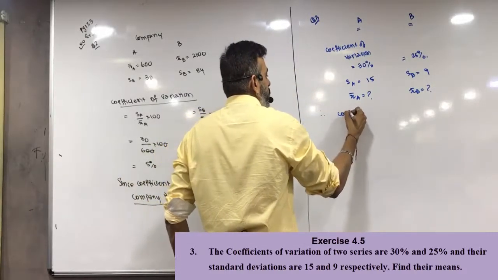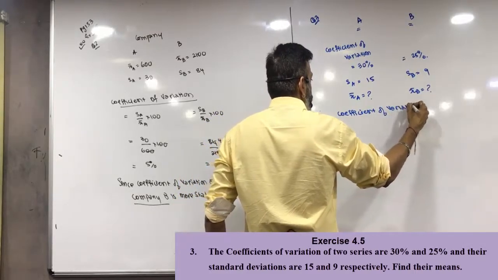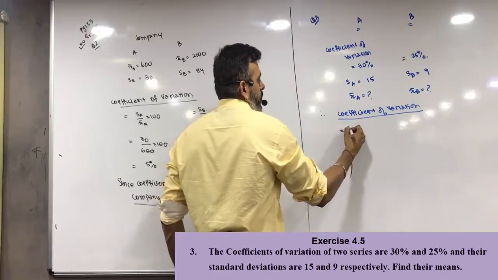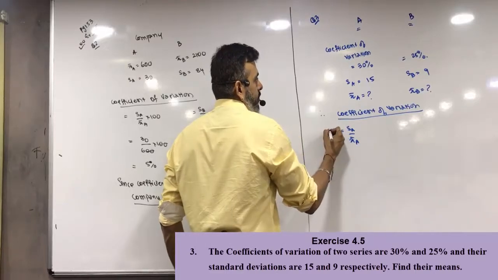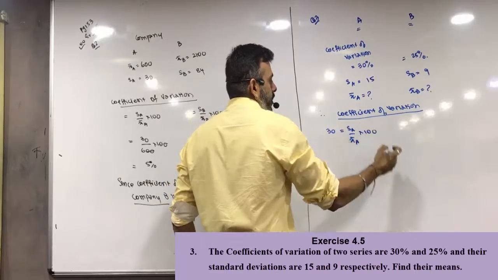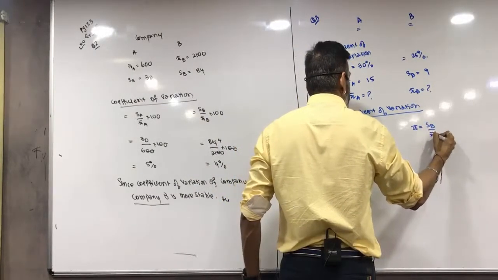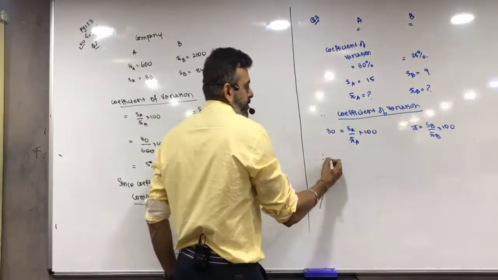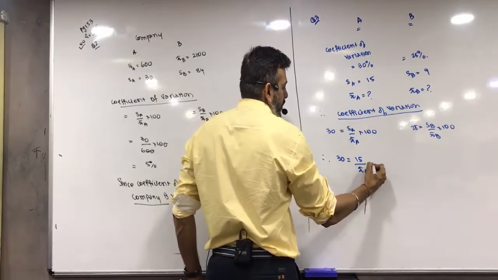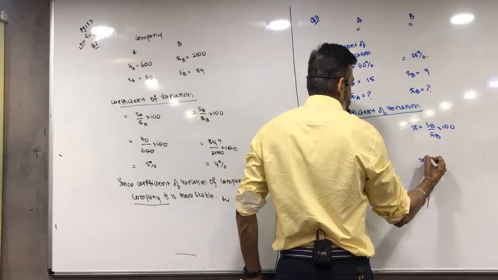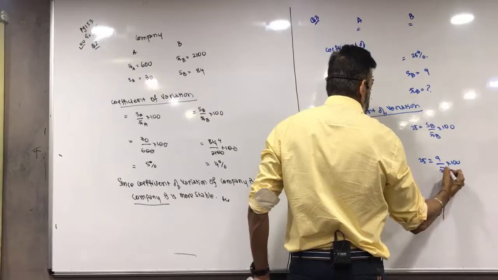Therefore, coefficient of variation is equal to standard deviation A upon mean of A into 100. Already given 30, and over here 25 is equal to standard deviation of B upon mean of B into 100. Therefore, 30 is equal to 15 upon mean of A into 100, and 25 is equal to 9 upon mean of B into 100.